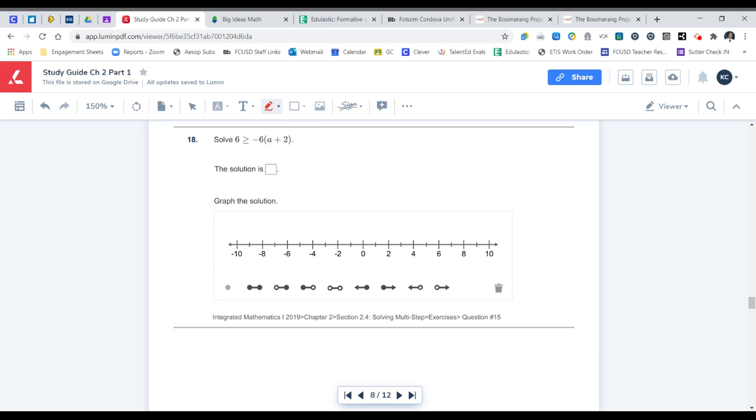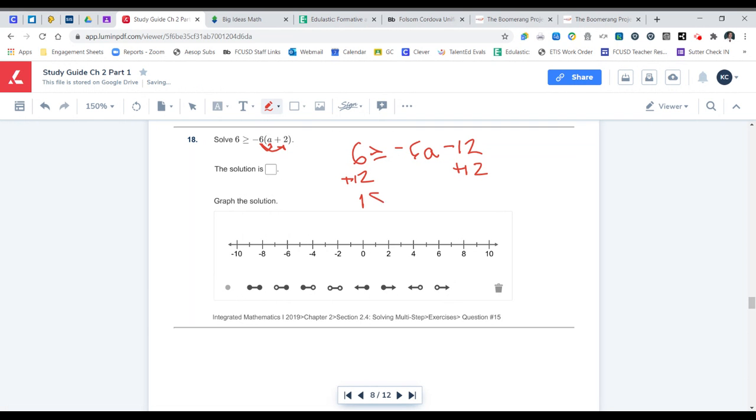Right here, we've got to distribute. So I'm going to do 6 is greater than or equal to -6 times a plus -12, because +2 times -6 is -12. Start by adding 12 to both sides.